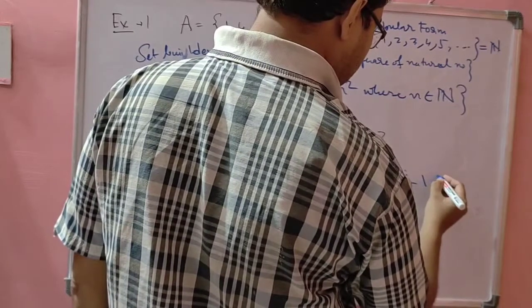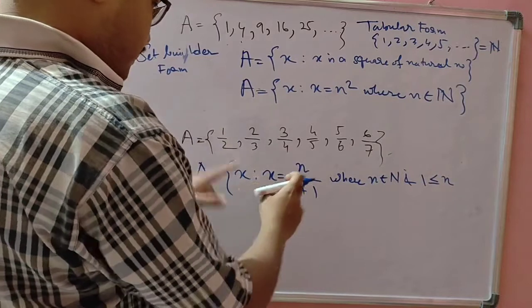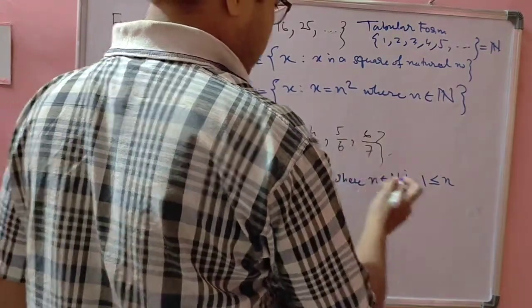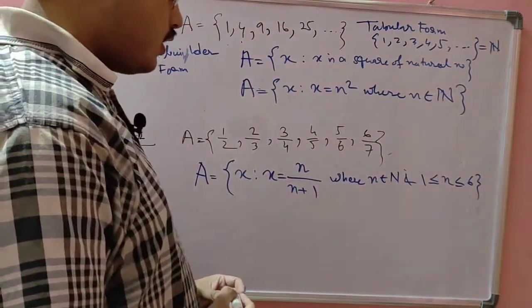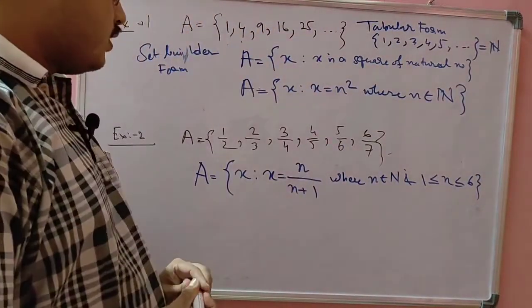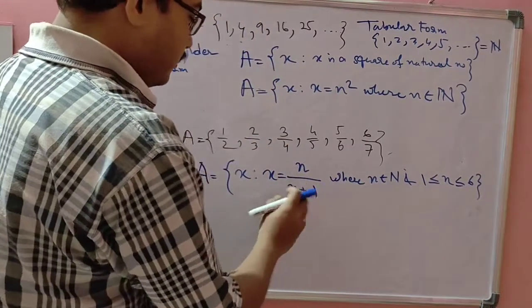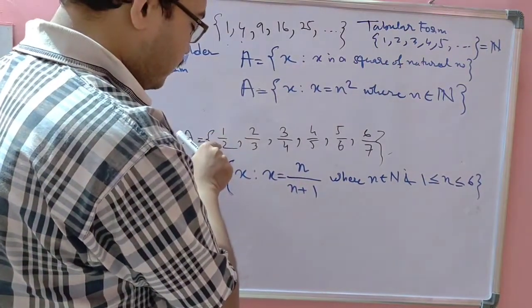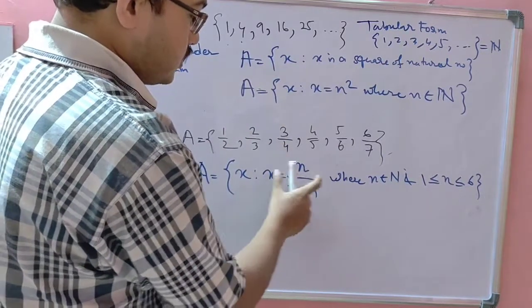It starts from 1 and ends with 6. How will we write that? So this is n by n plus 1. We understand that because 1 plus 1 is equal to 2, 2 plus 1 is equal to 3, 3 plus 1 is 4. This is how we will represent that.